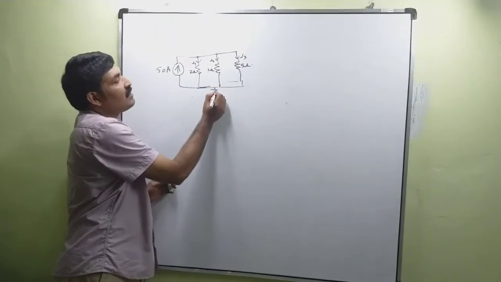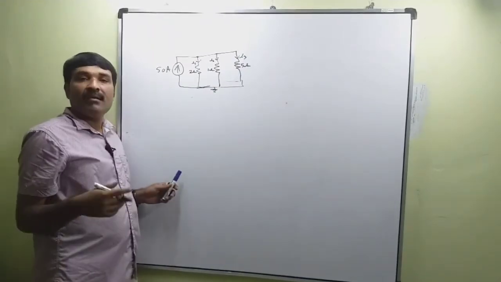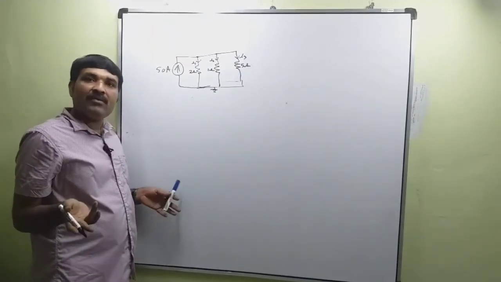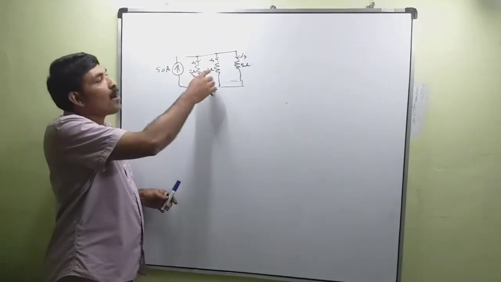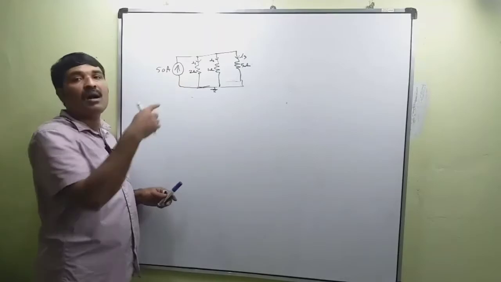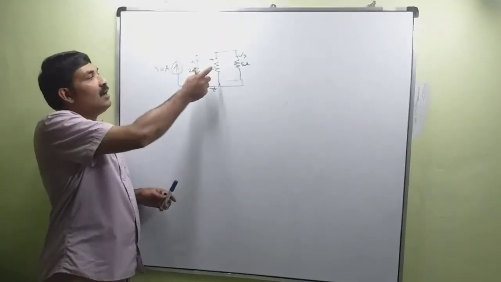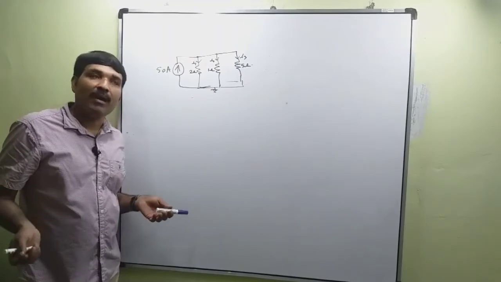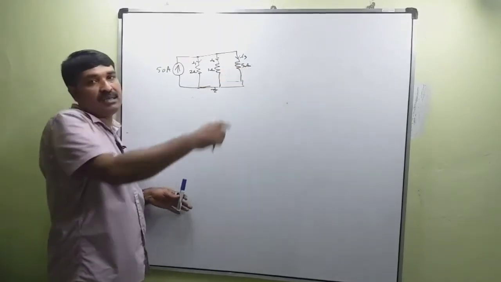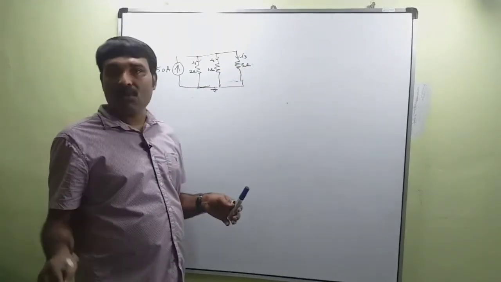We want to find the currents I1, I2, I3. Once we get them, we can calculate the power absorbed in 2 ohm, 1 ohm and 5 ohm. In 2 ohm, it is I1 square into 2, power absorbed in 1 ohm is I2 square into 1, and power absorbed in 5 ohm is I3 square into 5.